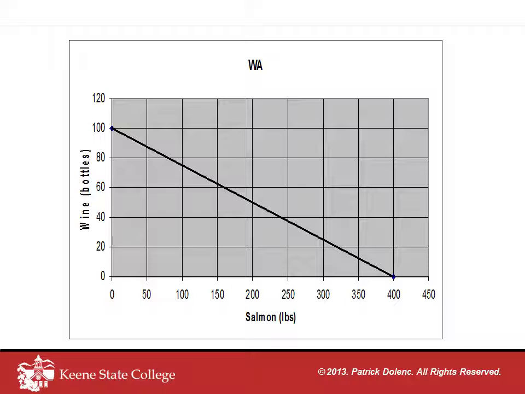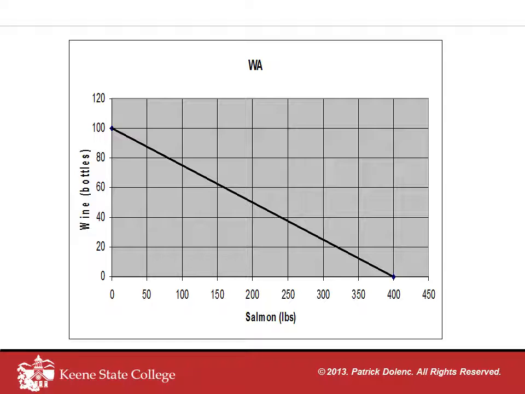The 400 pounds of salmon on the horizontal axis was the maximum in that activity. The slope, or the rise over the run, of this line is 100 over 400, or 1/4. And 1/4 is in fact the opportunity cost of the activity on the horizontal axis, salmon in this case.